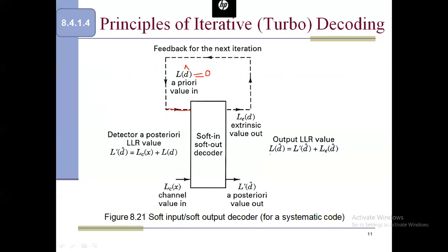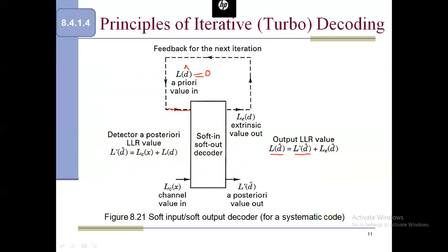So that value comes here. Now let's see that this LD hat uses two things: one is the estimated value of the data bit.